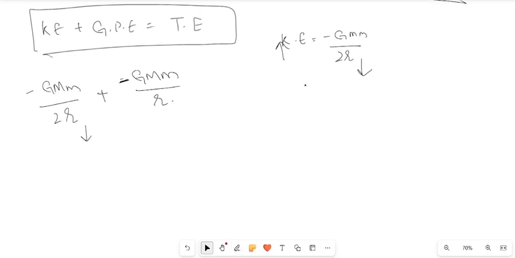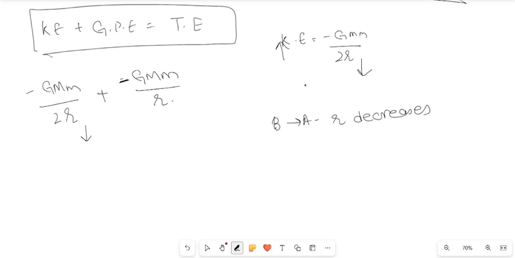However, here it has to be opposite. We can see from B to A, r decreases, right? It's going from 5 into 10 raised to the power 7 to 3.64 into 10 raised to the power 6, so it's definitely decreasing. When r is decreasing, the kinetic energy will also decrease.